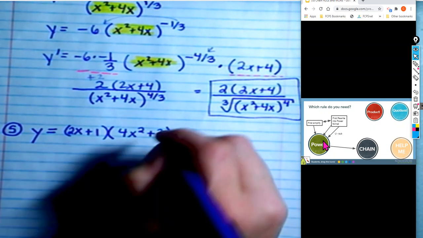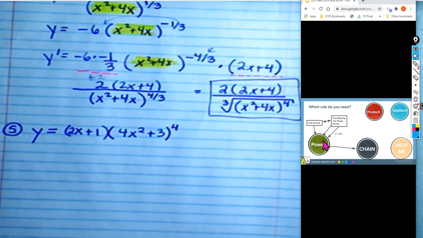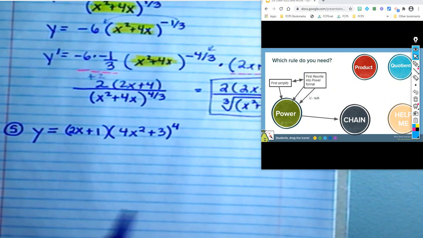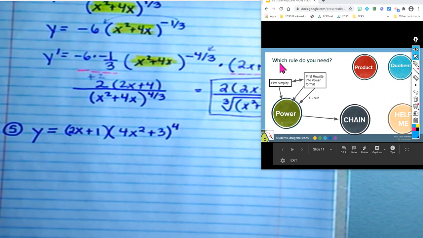Wait for it. E to the 4th power. So let's take a look at example 5, where I am checking my chart here.